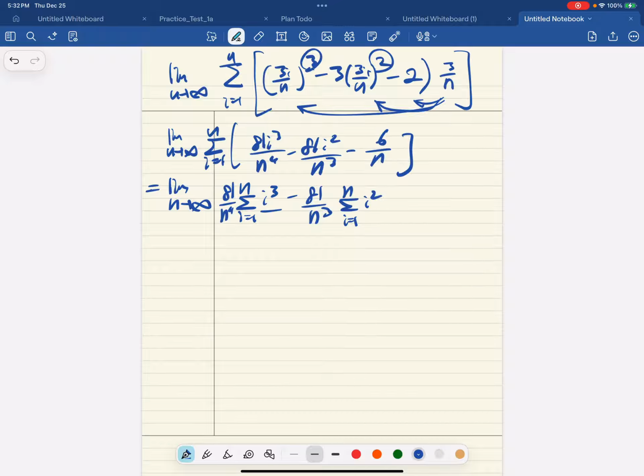So again, i stays, everything else we take out. Right now we have a 1 here because in 6 over n there's no i, but technically it's i to the 0, so we just leave a 1 there.